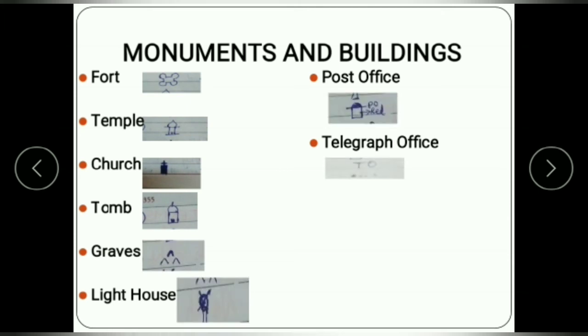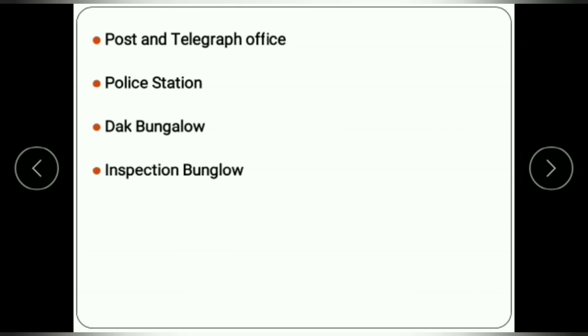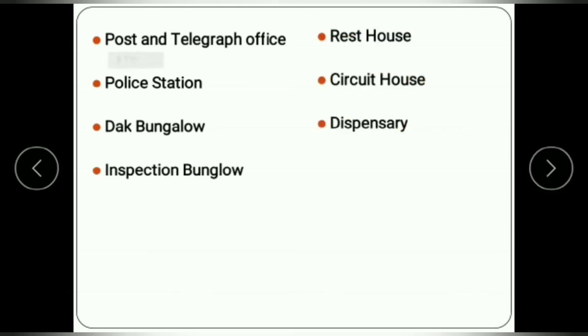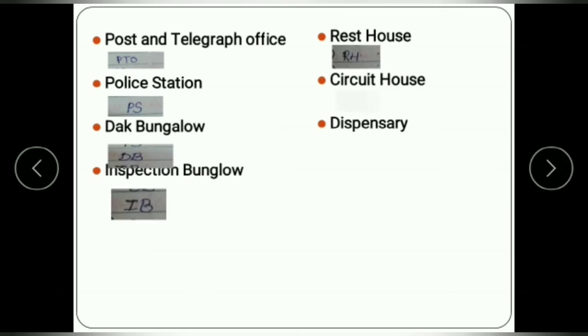Post and telegraph office will be in the form of letters only, PTO. Short forms will be written on the topographical map, so you can easily identify. Post, police station, PS, Dak bungalow, DB, inspection bungalow, IB, rest house, RH, circuit house, CH, dispensary will be written the same as dispensary in italic.